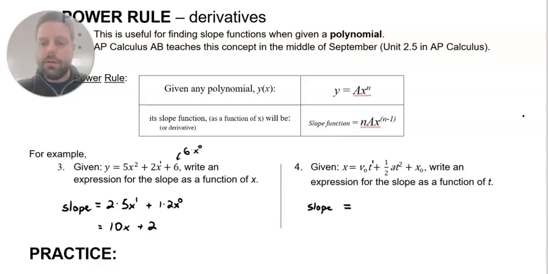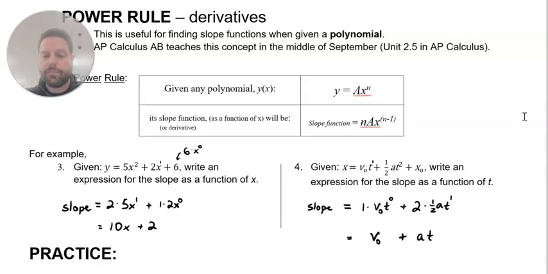You would bring the power out in front times v naught t to the 0 power, which is simply 1. That would leave us with simply v naught. When we do our next term, which is 1/2 at squared, we bring that 2 out in front, 2 times 1/2 at, and then we reduce that power by 1. So t to the first power is t. The 2 and 1/2 would multiply out, and this leaves us with at.